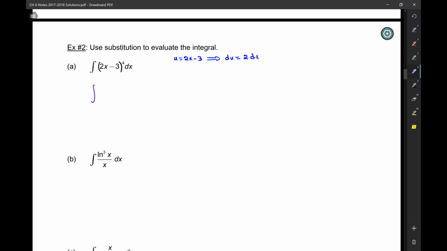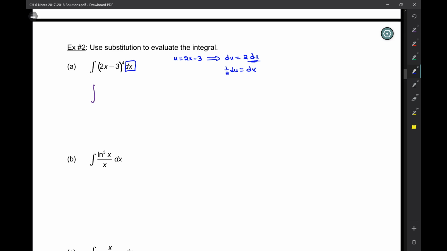Just dx is left over. That means I need to have it appear exactly as it appears in my integral. So 1/2 du will be dx. That's perhaps one of the most important parts: you have to compensate for your variables.